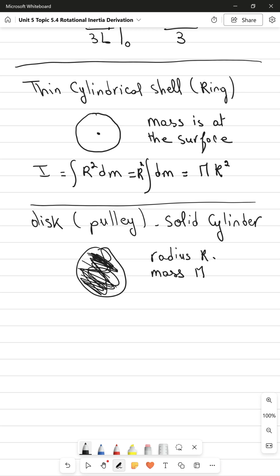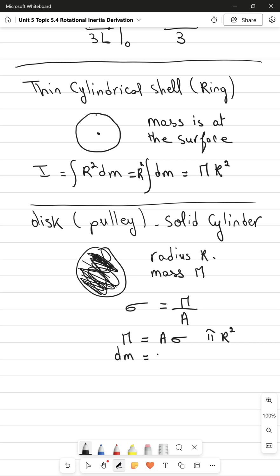In that case, we'll call it sigma. Or we can know from this one that sigma is equal to the mass over the area. So the mass is equal to A, the area, multiplied by sigma. So dm is equal to, the area is pi r squared.